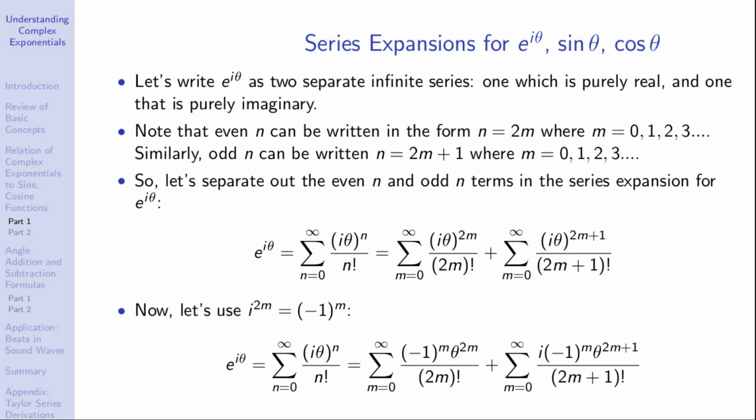So we have e to the i theta equals the sum over n from 0 to infinity of i theta raised to the power of n over n factorial, and that equals the sum over m from 0 to infinity of minus 1 raised to the m power times theta raised to the 2m power divided by 2m factorial, plus the sum over m from 0 to infinity of i times minus 1 raised to the m power times theta raised to the power of 2m plus 1 divided by 2m plus 1 factorial.